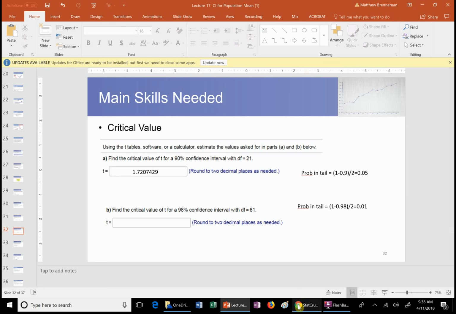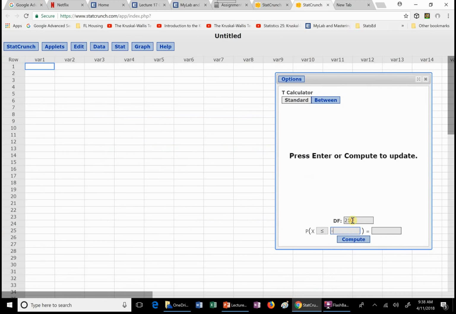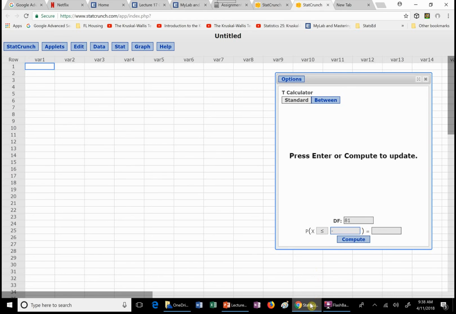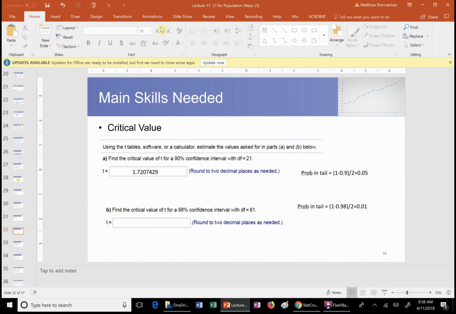And so I would just redo the calculation, except I would change the degrees of freedom to 81, and I would change this to 0.01, right? And compute it. And I'm going to take the positive part of that, and that'll be my critical value. And that's the hardest part of computing the confidence interval.